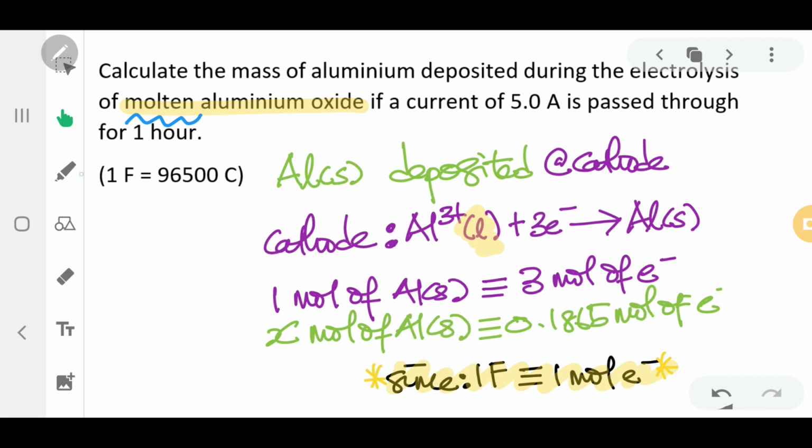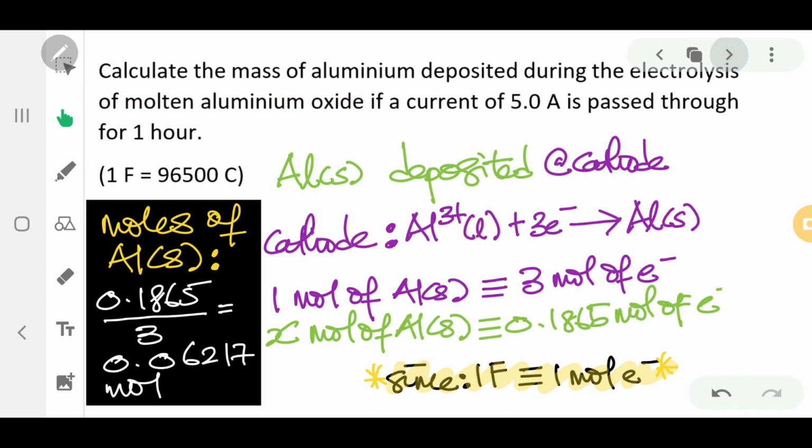After you have done this, you should be able to work out the moles of aluminium solid. So you're going to do cross multiplication: 1 times 0.1865 mole of electrons divided by 3.